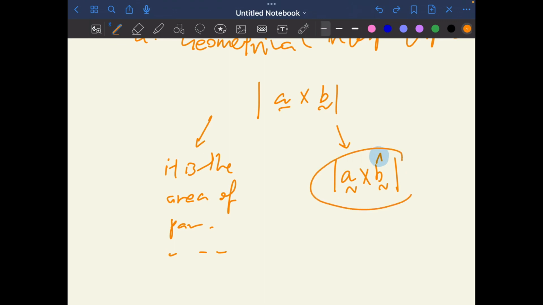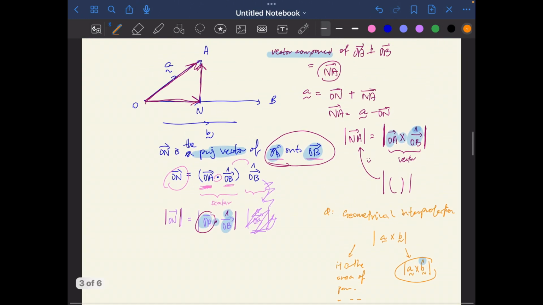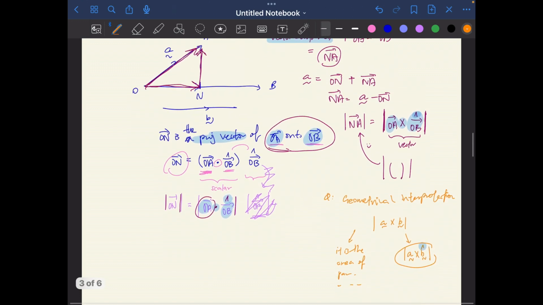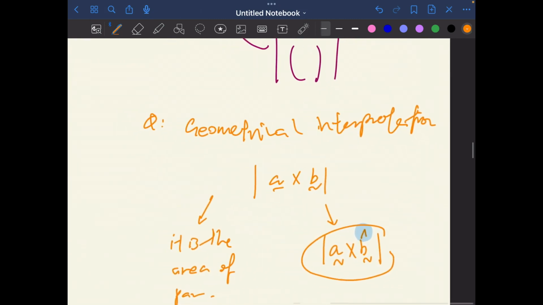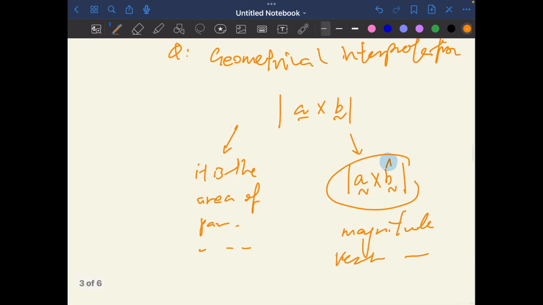If you stare at this and think long enough, it looks very familiar. So you have actually seen it here. This is actually the magnitude of the vector component of A that's perpendicular to P.